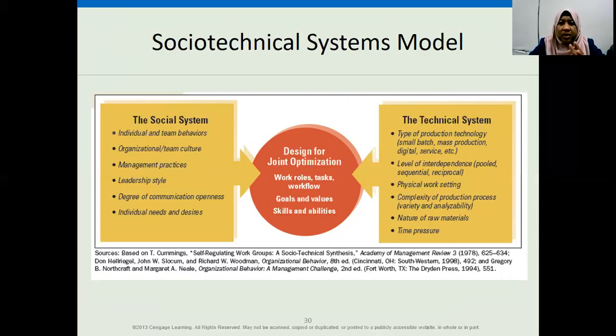Then technical system: type of production technology, small batch, mass production, level of interdependence, complexity, nature of raw material, and time pressure.